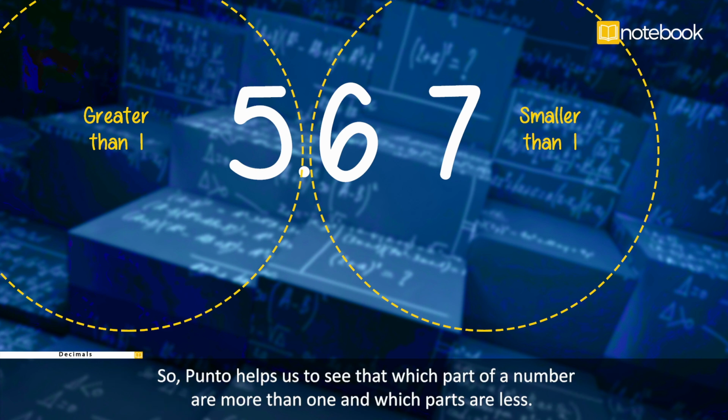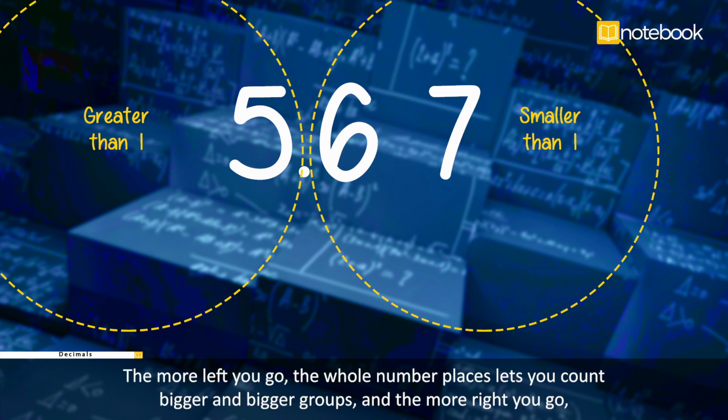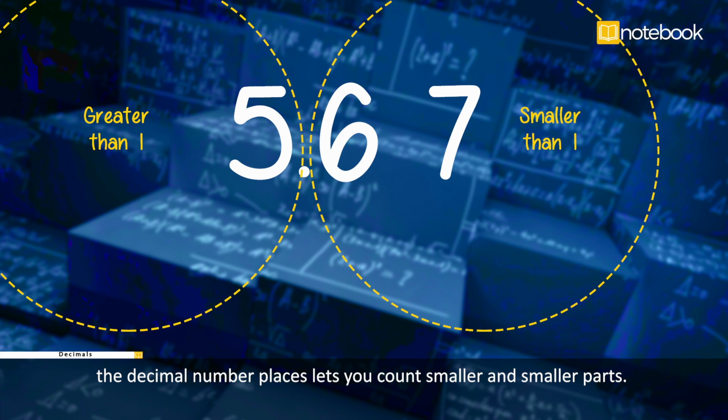So, punto helps us to see which part of a number is more than 1 and which parts are less. The more left you go, the whole number places let you count bigger and bigger groups. And the more right you go, the decimal number places let you count smaller and smaller parts.